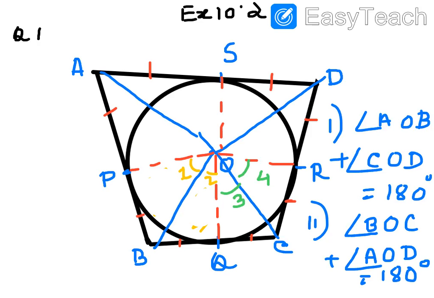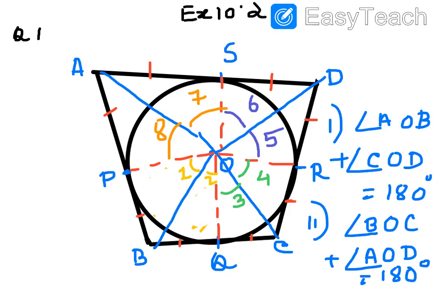And in a similar way we can say that angle 5 is equal to angle 6, and also angle 7 is equal to angle 8.